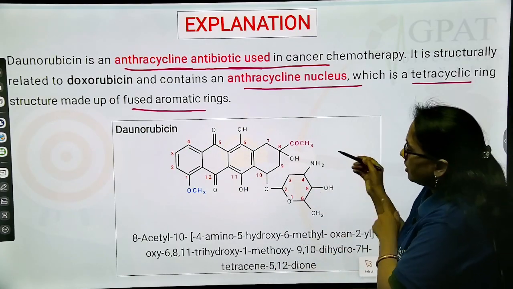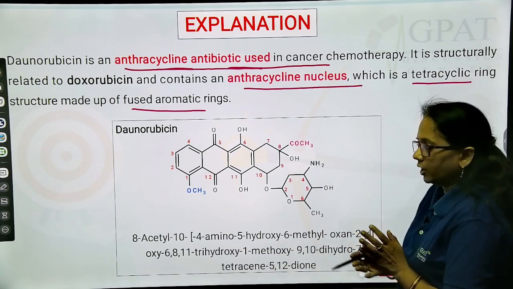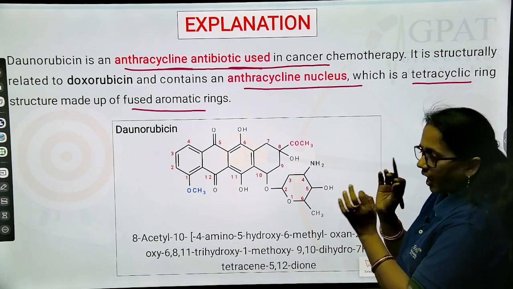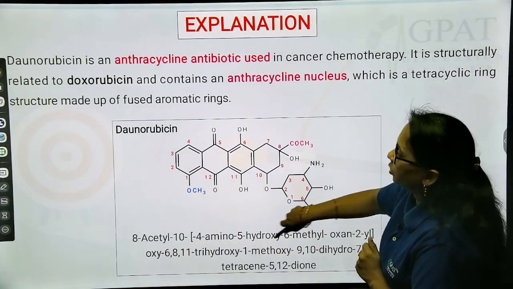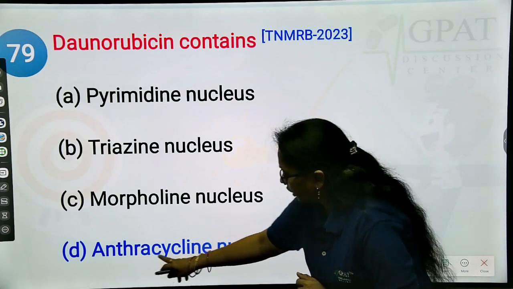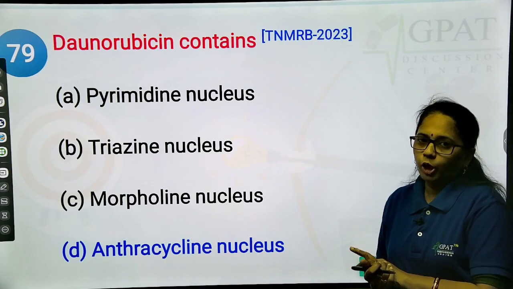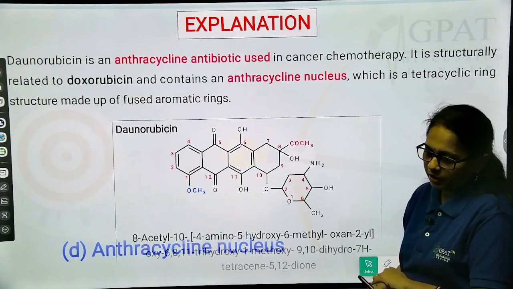The chemical name is very big, but simply, doxorubicin and daunorubicin, all these anti-cancer drugs are made up of tetracyclines. So, we can easily find out that an anthracycline moiety is present. Option D is the right answer.